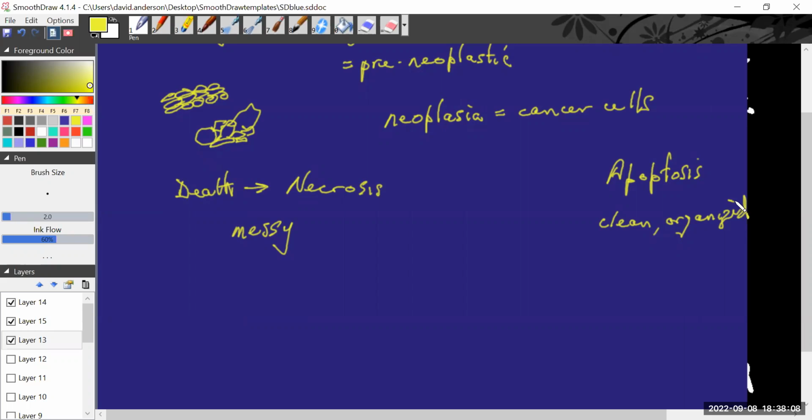Right now, we're going to talk about necrosis. Now, it's messy. It's often due to a stressor, as opposed to apoptosis. And the primary stressor, the most common stressor for cells, is ischemia.